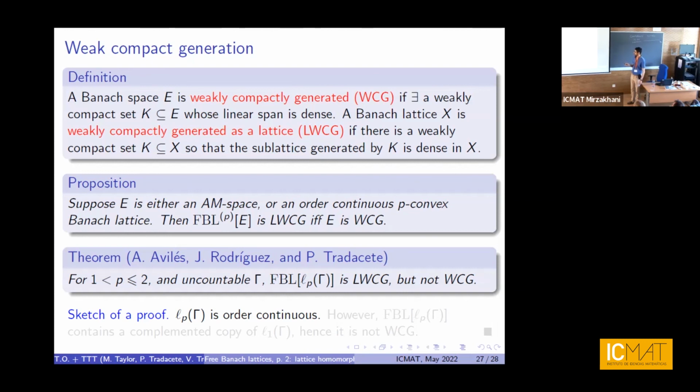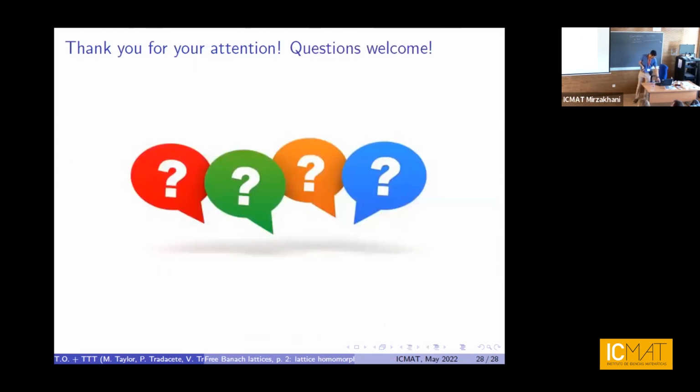Here I'm using p equal to 1, so certainly it's convex. But on the other hand, it's possible to show that the free Banach lattice built on L_p gamma contains a complemented copy of L_1 of gamma, and this prevents this space being WCG. So this is the kind of sketch of the proof of this remarkable theorem of Aviles, Rodriguez, and Rodeseta. And I will stop here.